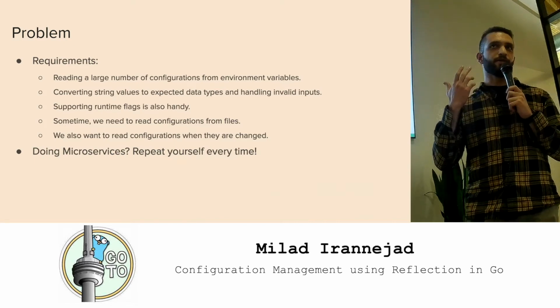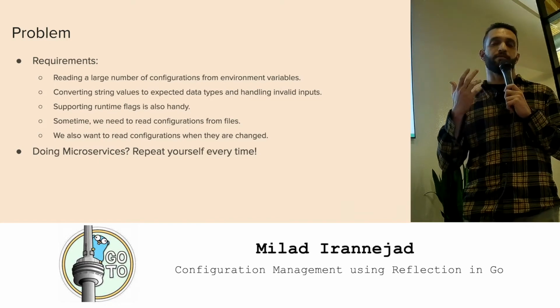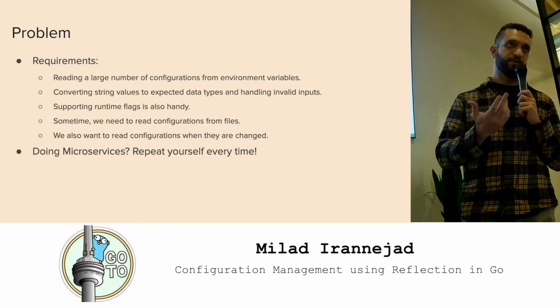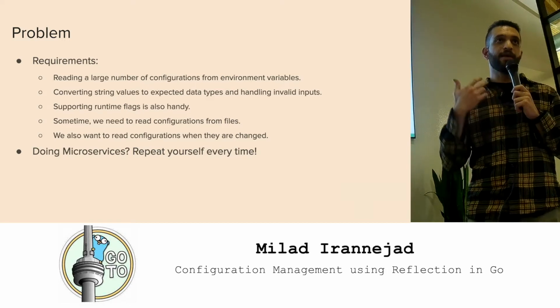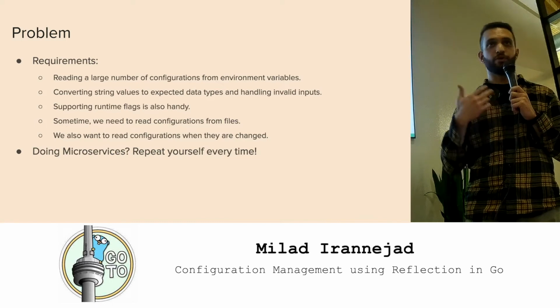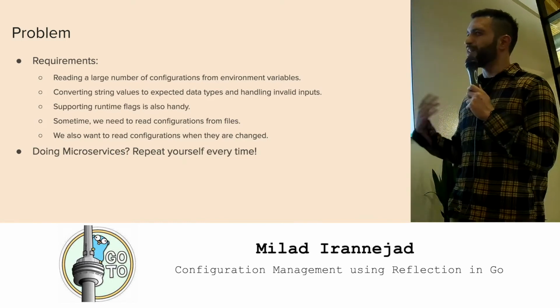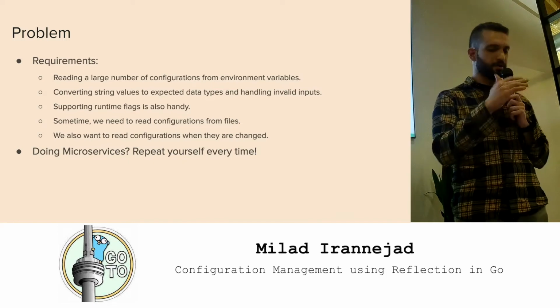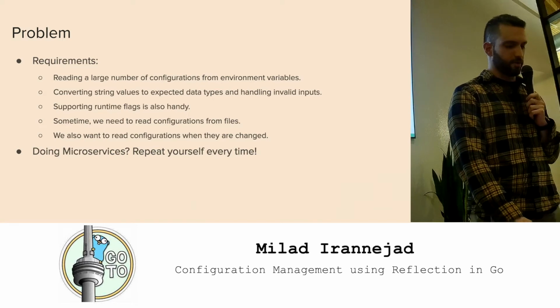First reading the configurations from flags, and if not set in flags, reading them from environment variables. If not there, sometimes you need to read them from files, and then you also need to convert them to the right type, int, float, whatever, and handle the error. So it's a lot of boilerplate across every application, and I wanted to get rid of the boilerplate.